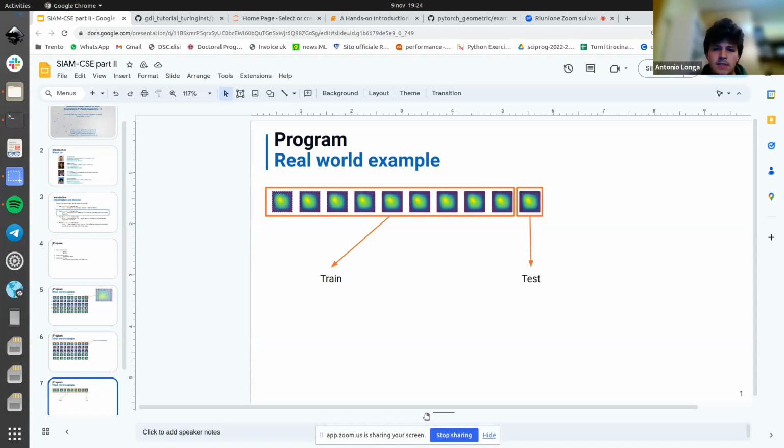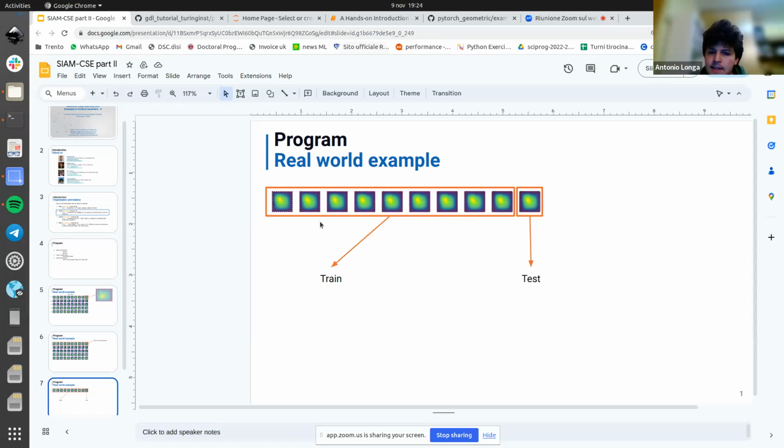Here we are in some sense in the middle, because we are predicting the property of a node, we would like to predict the heat on a single node, but we have multiple graphs. So we are trying to learn on some graphs and predict on nodes in other graphs.